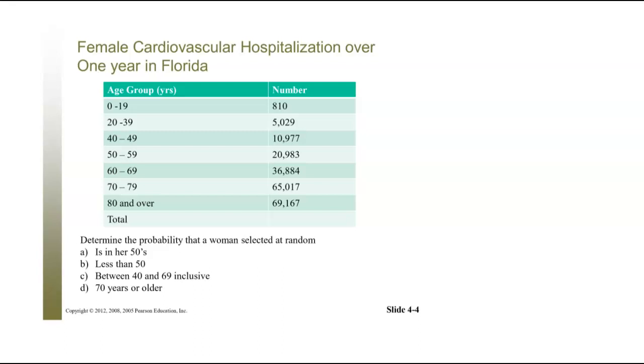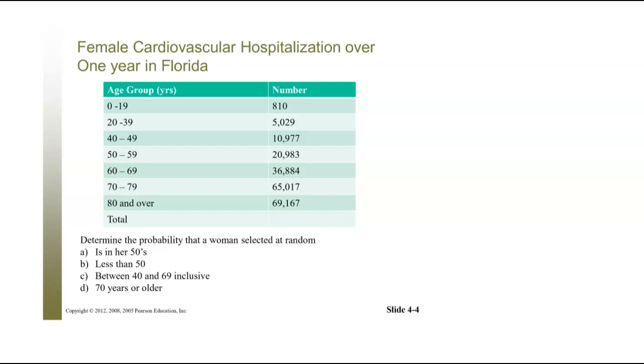Over the course of that year, there were 810 females who had to go to the hospital for some sort of heart-related event who were ages 19 or younger. There were 5,029 between ages 20 and 39. There were 10,977 between ages 40 and 49, and so on and so on. So we can use frequency tables to help us determine probability.